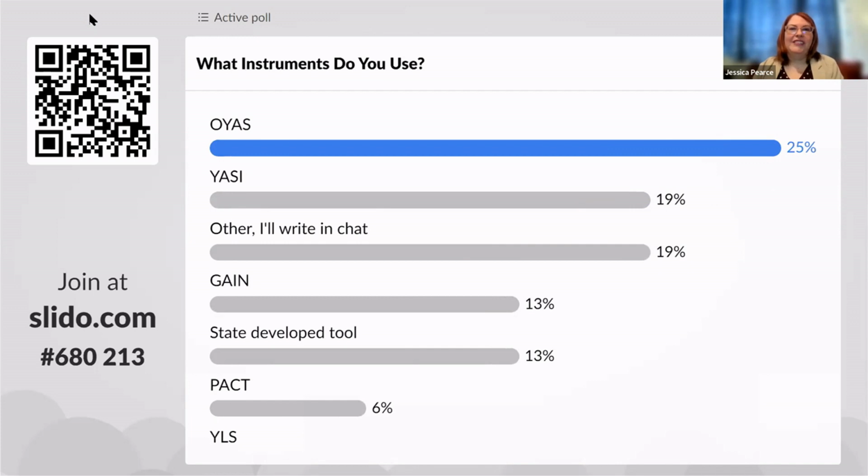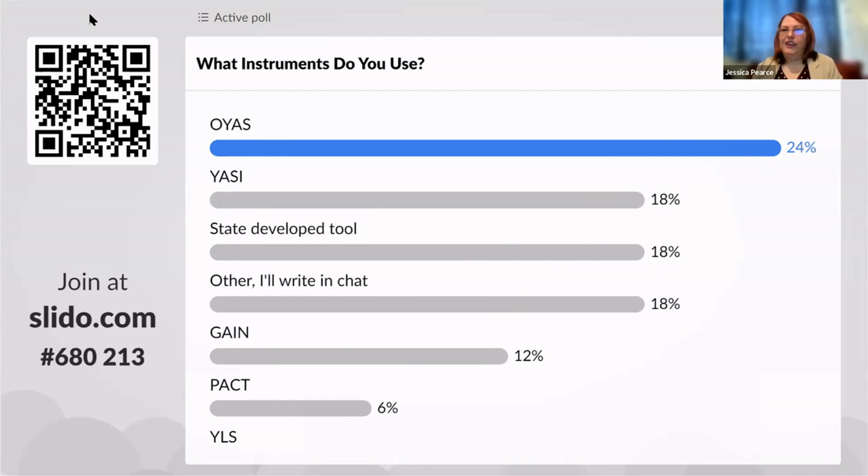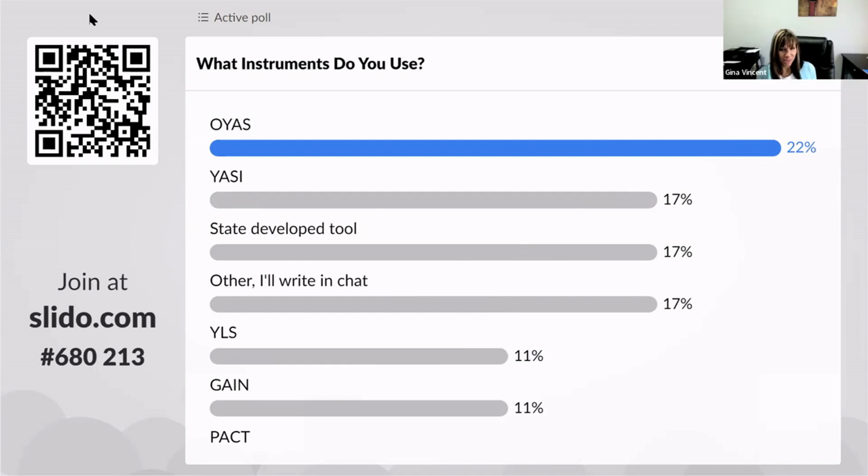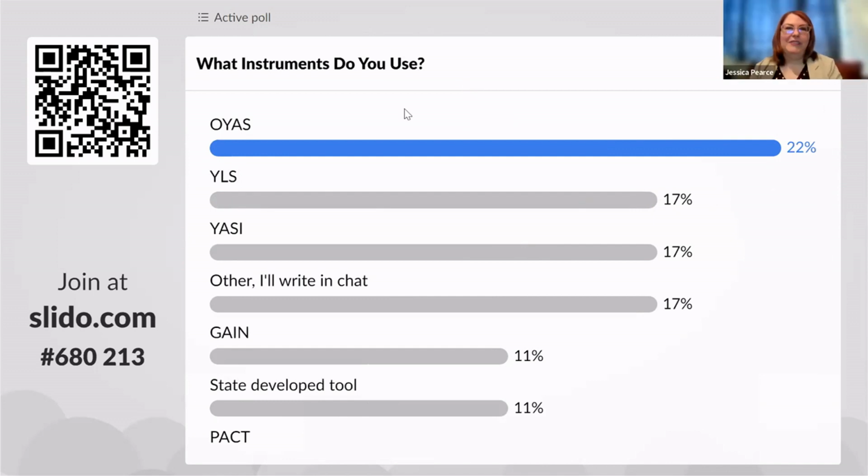Okay, so I see the JASAE, J-A-S-A-E. Gina, you know that one? I am less familiar with that one because it's a bit newer, but yes, I know it. It's for substance use specifically. Great. And let's see what else we've got coming into chat here. And the DAI, I've not heard of that.